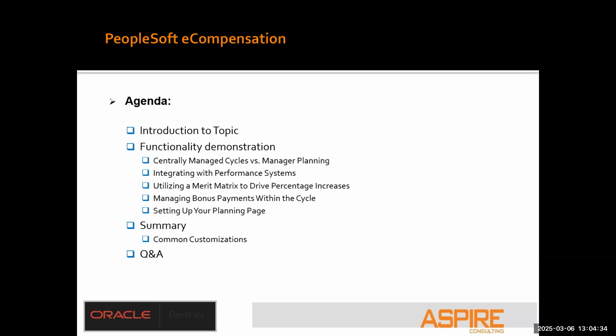So if you need to base increases off of performance ratings, how would you accomplish that? Utilizing a merit matrix to drive your increases. And we'll take a look at several different dimensions that you can define with that.